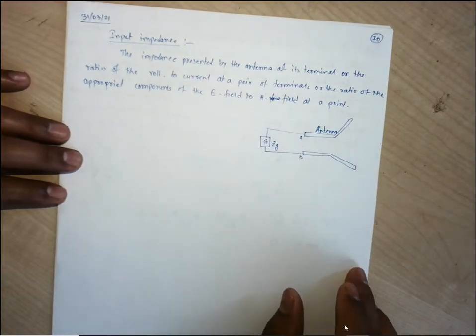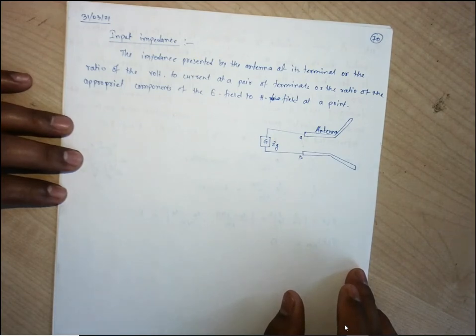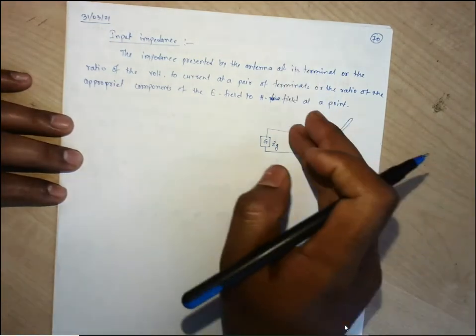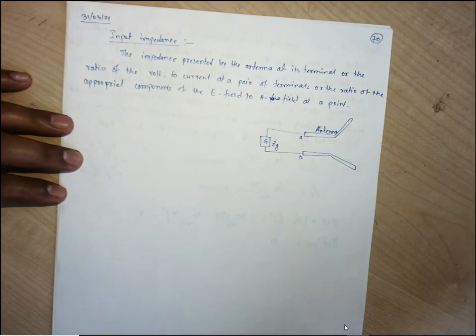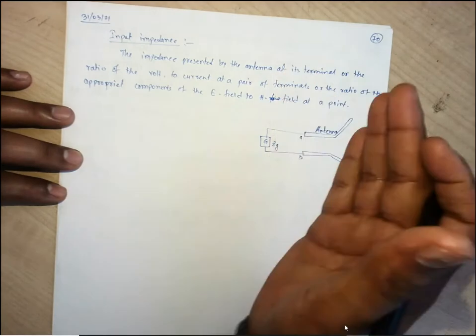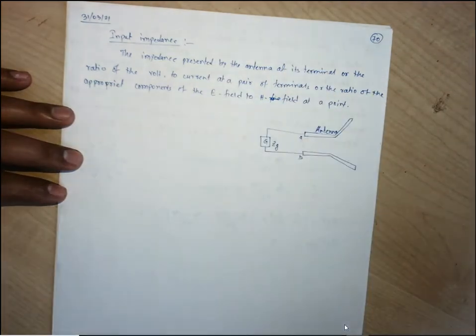Now with no load attached at the antenna terminals, let us consider we are having only this antenna. No load means this generator impedance is absent.